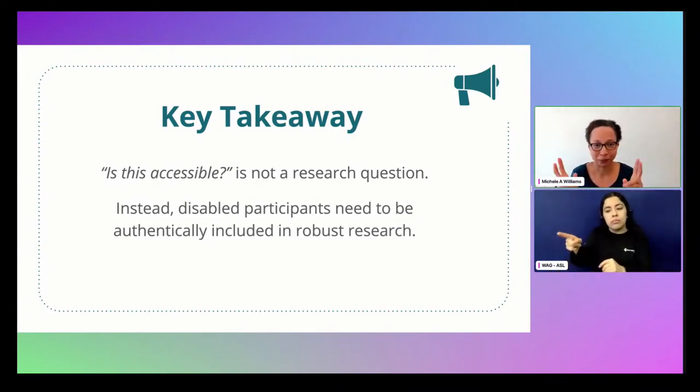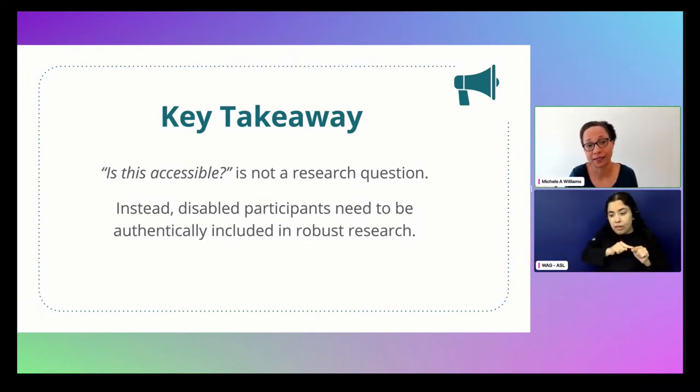So again, we're not bringing people in, as we call it, just to check the accessibility of what we've built. We're bringing them in to get authentic insights. And that happens through robust research, research that is really set up to give us the true and authentic contextual insights that will help us in building out our products.